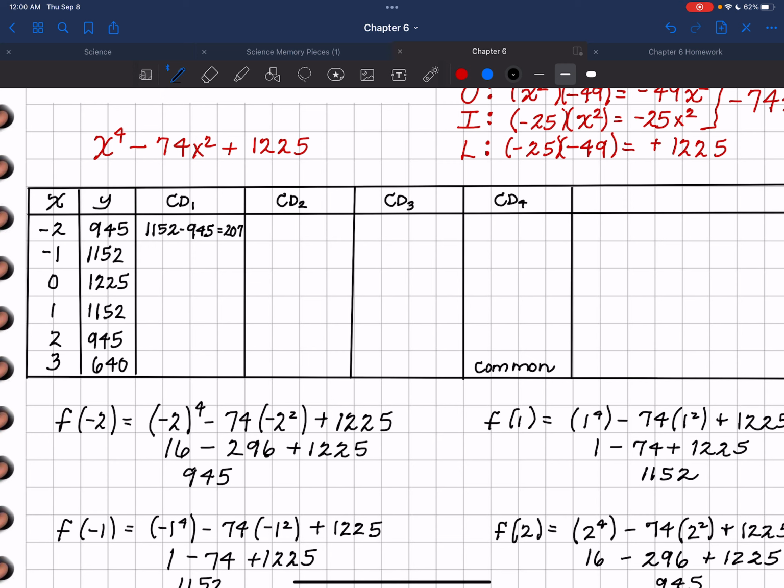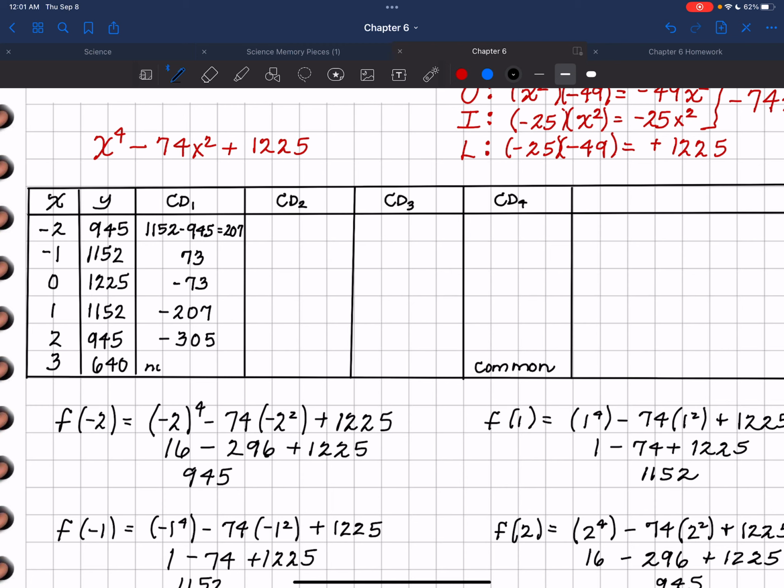And I'm just going to type these in on my calculator. 1225 minus 1152 is 73. 1152 minus 1225 is negative 73. 945, oh, wait a minute. Yeah. 945 minus 1152 is negative 207. And then 640 minus 945 is negative 305.